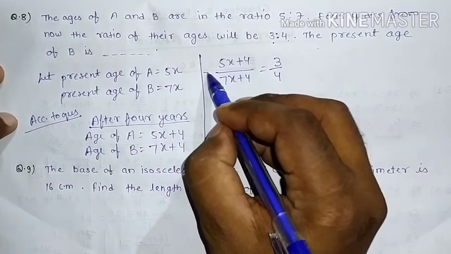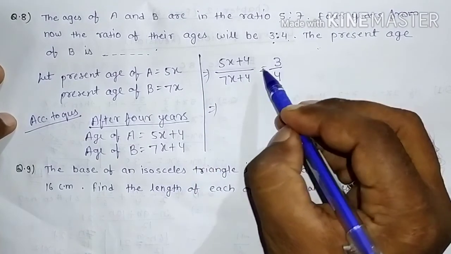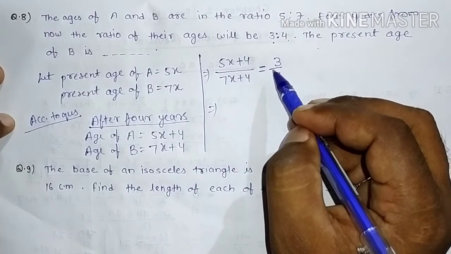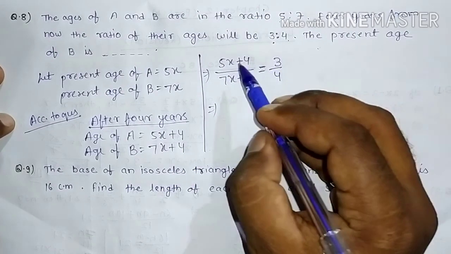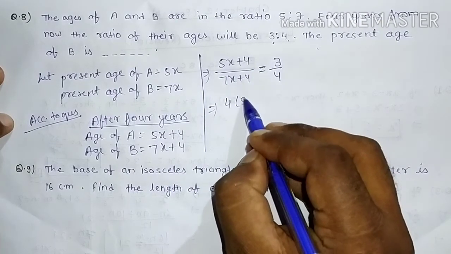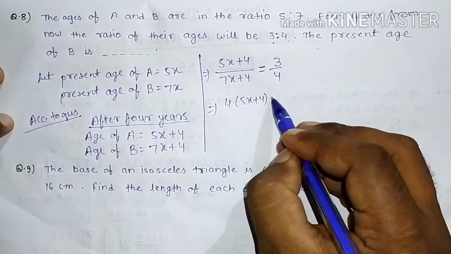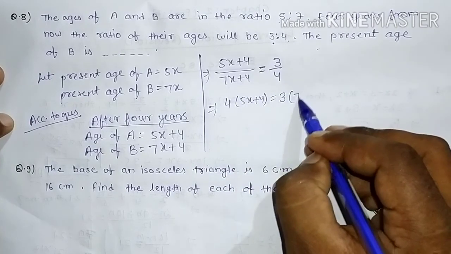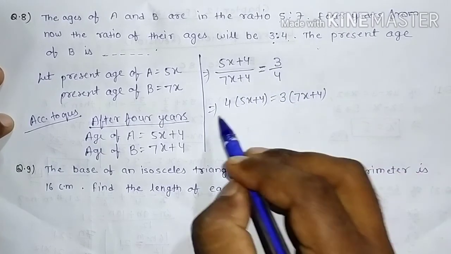Now just simplify it. The equal sign is present between the LHS part and the RHS part, so just do cross multiplication. So 4 into (5x plus 4) equals 3 into (7x plus 4).